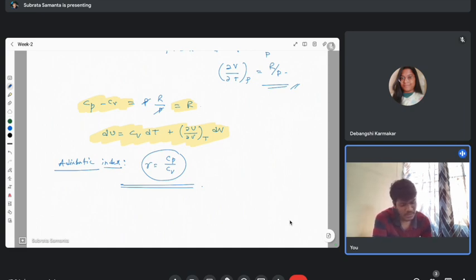So next day we talk about the processes, isobaric, isochoric, and how to calculate the thermodynamical quantities. So the mathematical parts are discussed. Now today we're going to discuss the assignment problems.